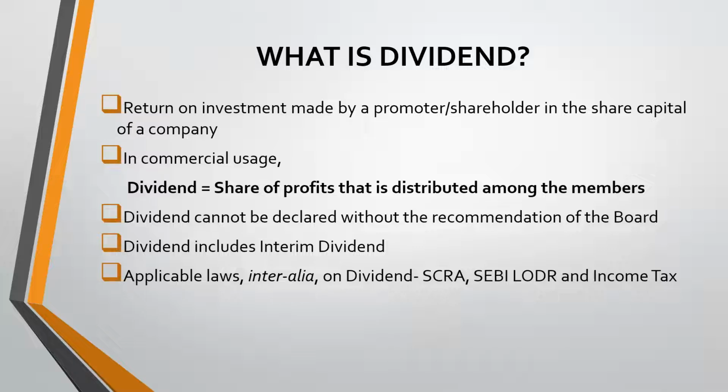This SS-3 is not applicable to companies which are limited by guarantee and do not have share capital. And if any dividend is declared by companies which are under liquidation, then these standards are not at all applicable. Now, what is dividend? Dividend is a return on investment made by the promoter or shareholder in the share capital of the company.